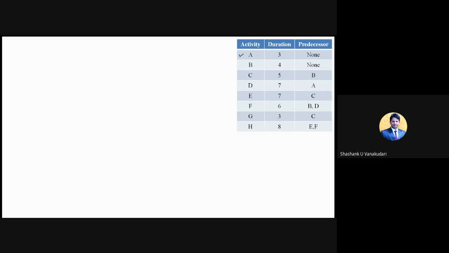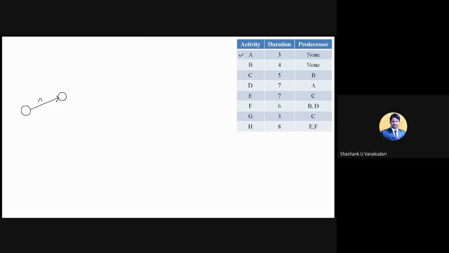So for activity A, there is no predecessor, so this is the first activity. Here you can write activity A. Predecessor none means there is no previous activity for A, so I can start it as the first activity in the network diagram.